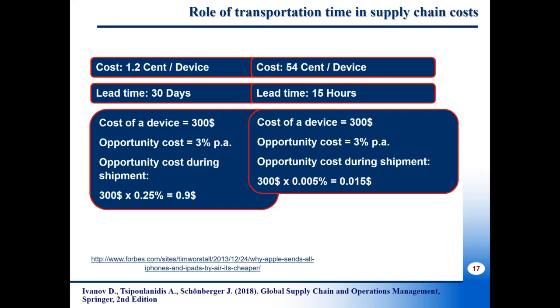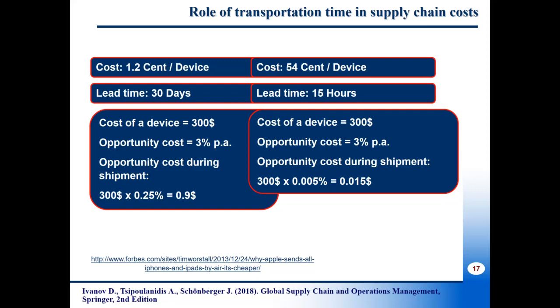Apple has vast cash reserves, as we know, and is making something like 3% on them at the moment. So in order to finance the shipment, they must give up making that 3% a year on their cash.